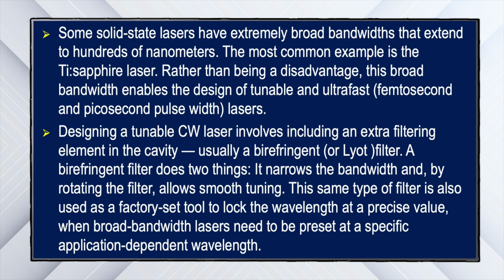On the other hand, for a solid state laser like titanium sapphire or neodymium glass laser, the bandwidth is so high that at any time you will always work with high bandwidth laser action.